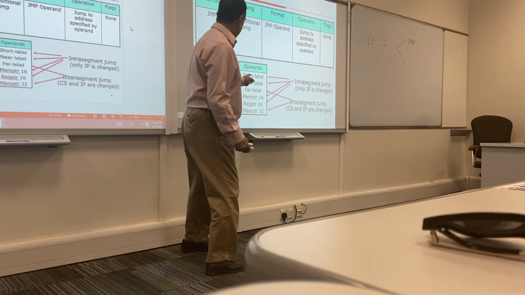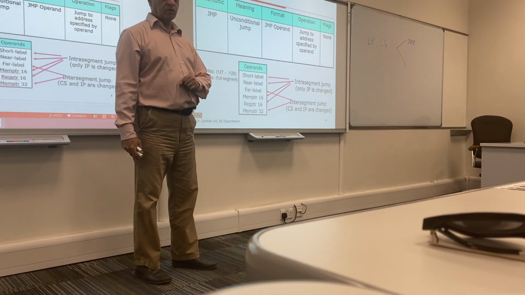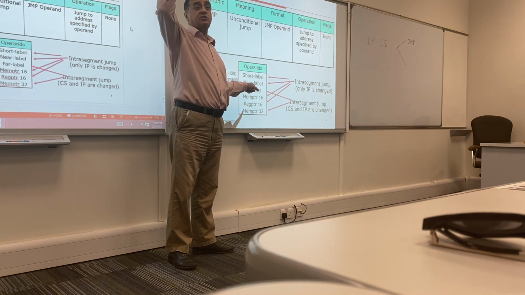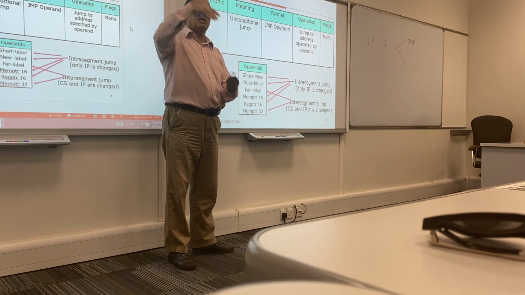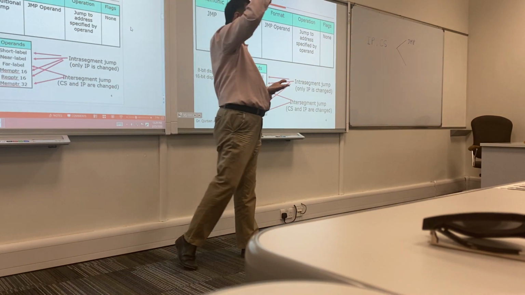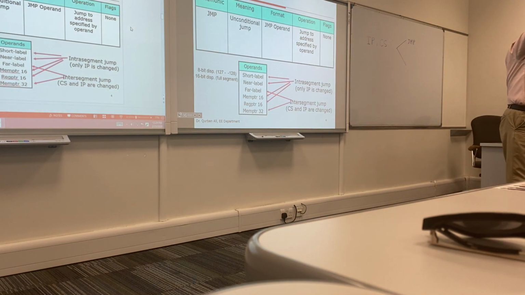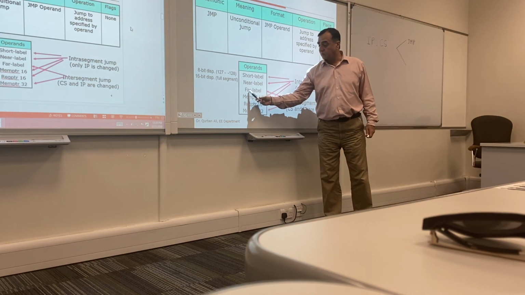So this will be a near jump. If the jump is beyond 64K, that means we are leaving the segment, because the full segment is 64K, right? If the jump is bigger than 64K locations, this means I'm going to somewhere else, another segment, then we say far.